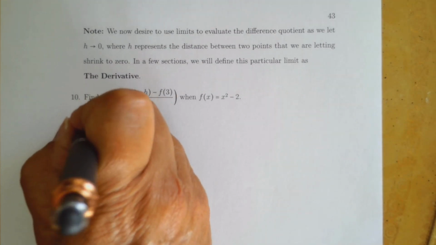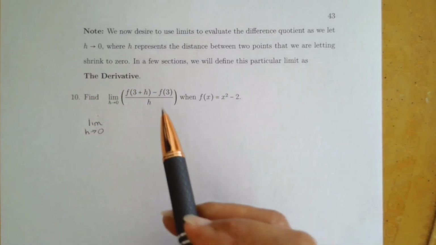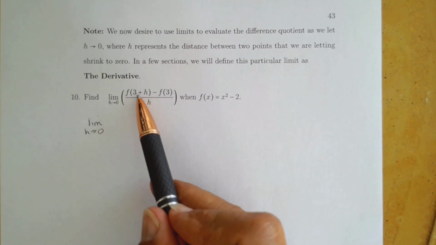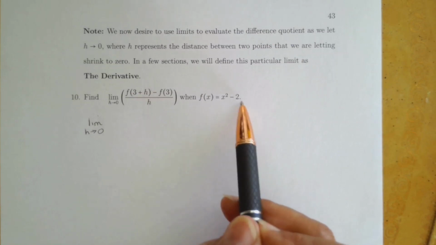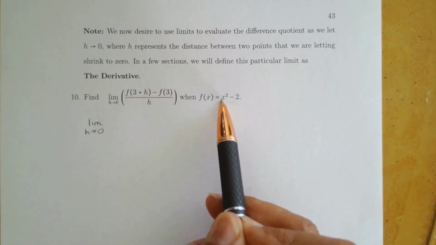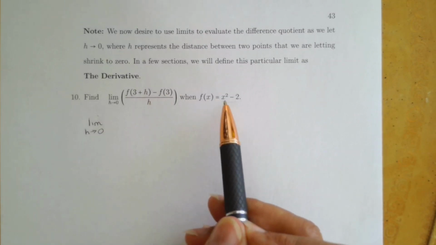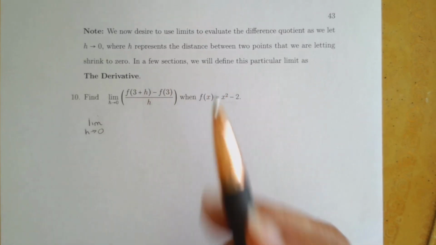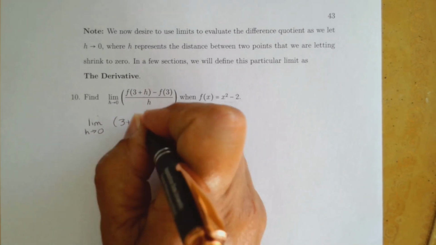So for number 10, you are asked to find the limit as h approaches 0, okay, of f of 3 plus h. So remember what this means. It means take your function, and everywhere there's an x, you're going to replace it with whatever's here. So we're going to replace this x with 3 plus h. So that's 3 plus h squared minus 2.